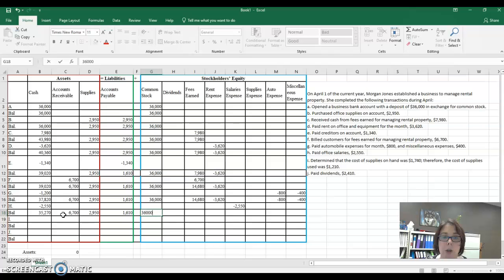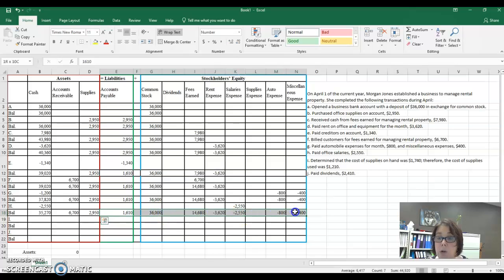So you'll want to make sure that you put those in and so forth. Notice we don't have to put anything in if nothing is there. Our assets equal 44,920. Our liabilities plus stockholders' equity equals 44,920. So we're still in balance.